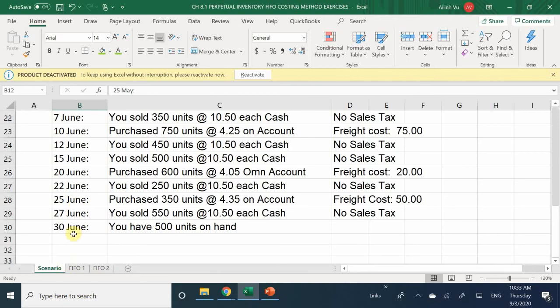Okay, so in this case, what about June 27? Actually, wait, yeah, June 20. Wait, we're on June 25th. June 25th. Okay, June 25th. We purchased 350 items for $4.50.